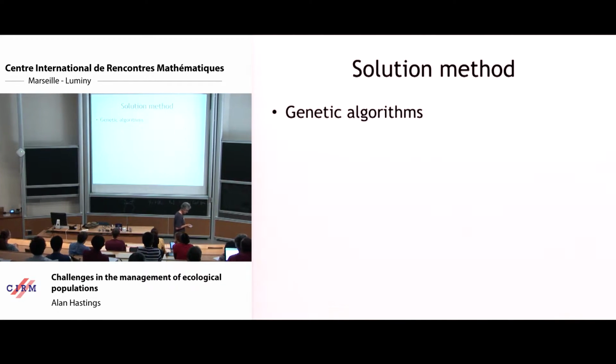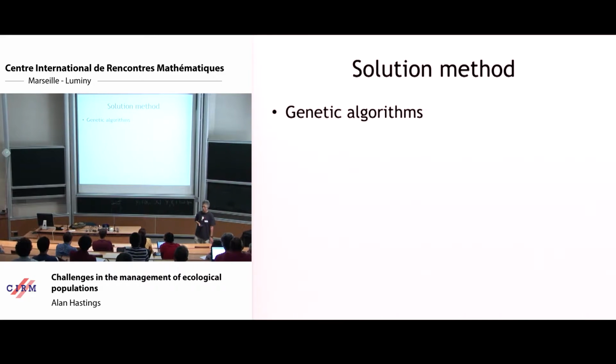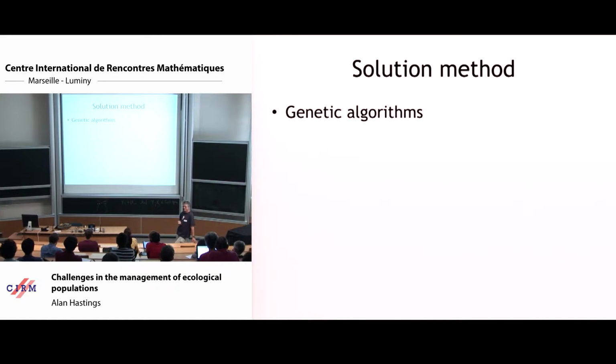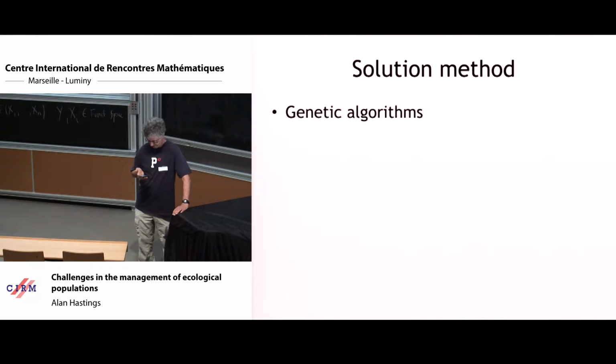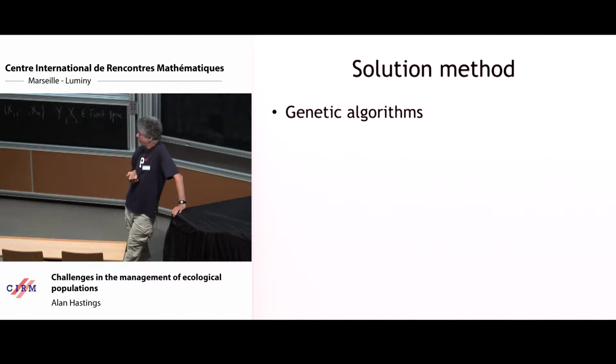And this is a nonlinear problem that turned out that, in some sense, the most efficient numerical method, and this is work with Cas Taylor, that came out in, I think the reference is coming on the next slide, was to use genetic algorithms to do this.